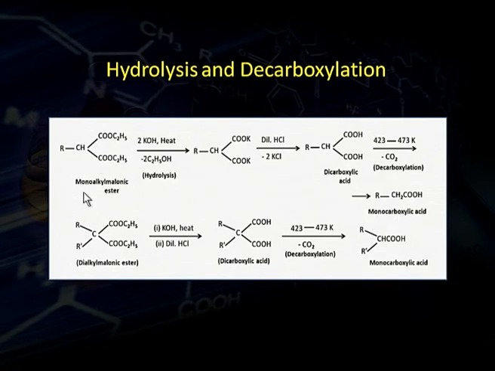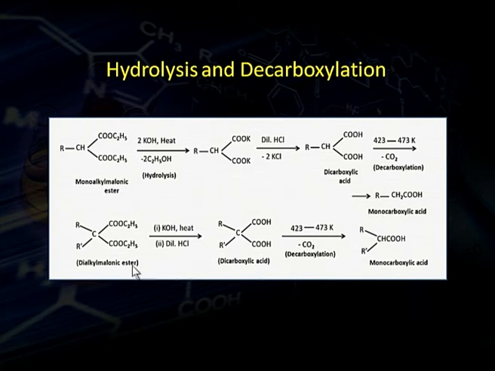Like in this example, this is the monoalkylated malonic ester, which upon hydrolysis produces the salt of the acid, and this upon acidification produces the dicarboxylic acid. When this is heated at 423 to 473 Kelvin, it undergoes decarboxylation and produces the monocarboxylic acid.